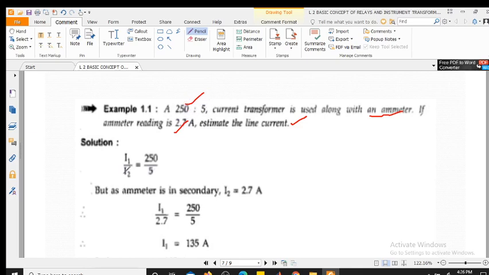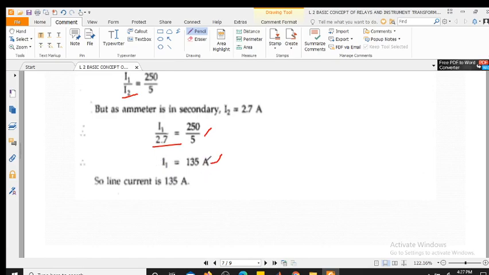And what will be the I2 here? Where is this ammeter connected? To the secondary of CT. So this will be I2, 2.7. So substituting I2 as 2.7 and this CT ratio, we are going to get the actual line current that is flowing through the primary.